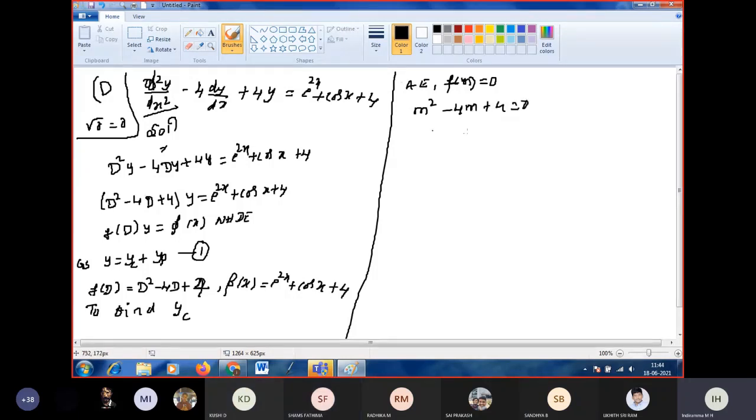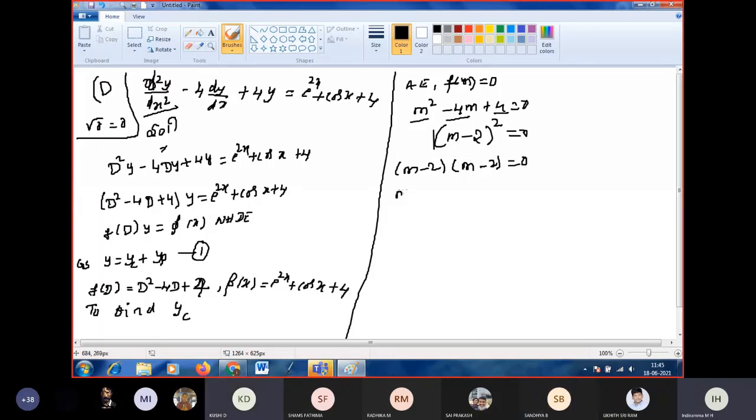It looks like m minus 2 whole square. Correct? That is m minus 2 into m minus 2 is equal to 0. A minus b whole square is a square plus b square minus 2ab. Correct?